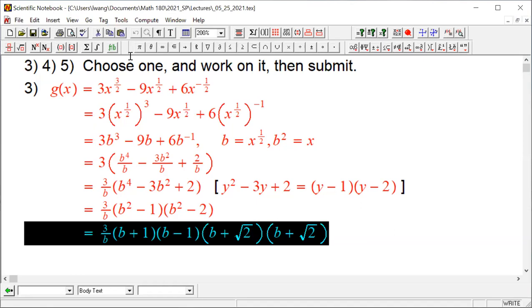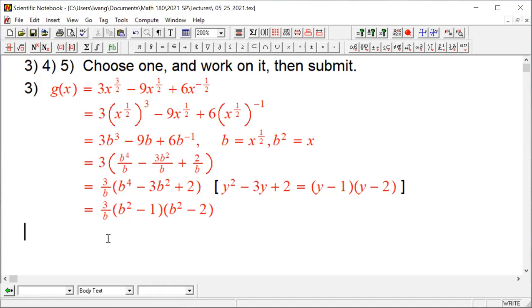What happens is you just keep the square root of x, and here it's just x.